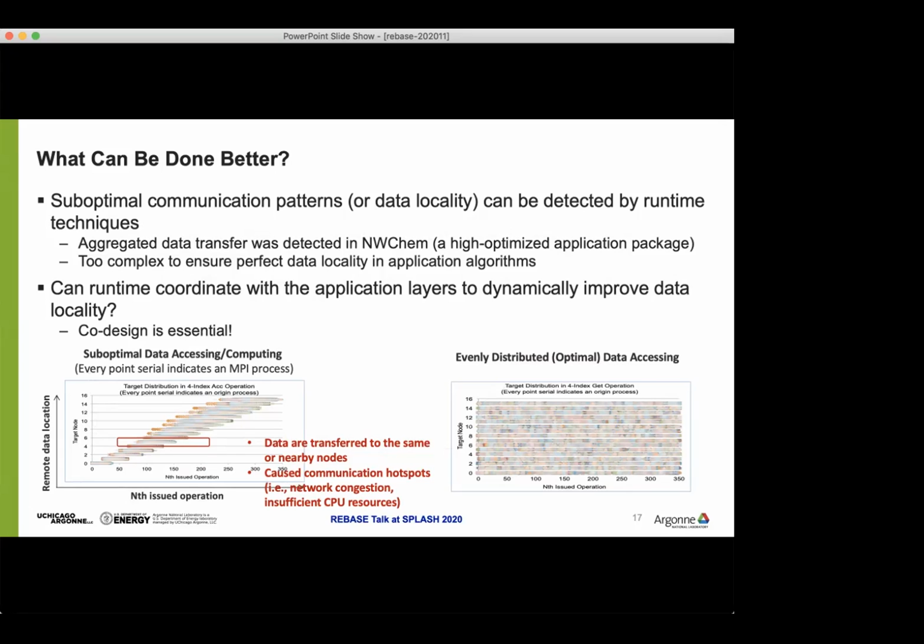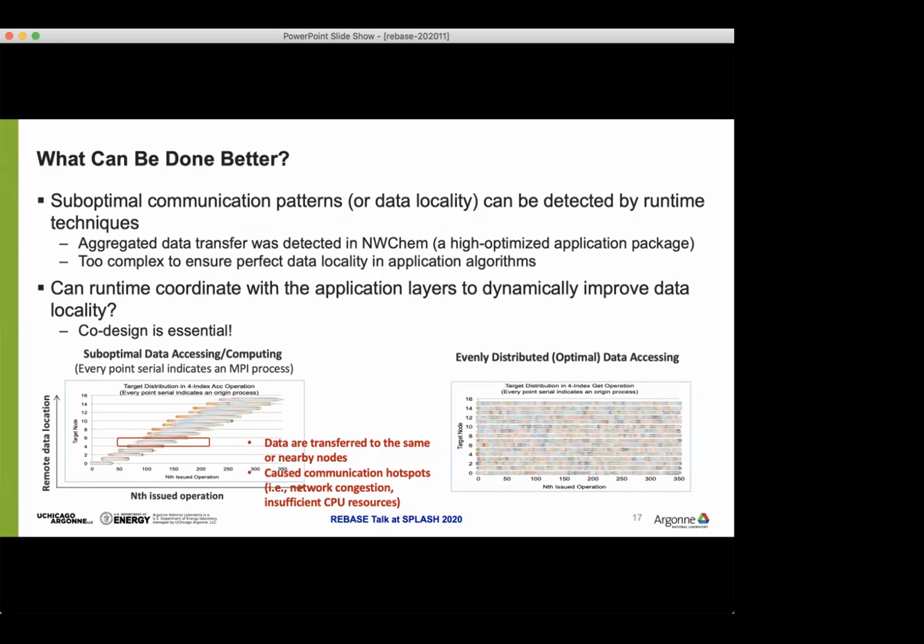And this issue is very hard to be observed by application developers. Believe me, that's already a highly optimized application package, and they paid a lot of investment for that. But still, they get this trouble, and it's very complex to ensure perfect data locality in application algorithms, because the algorithm itself is already complex enough.